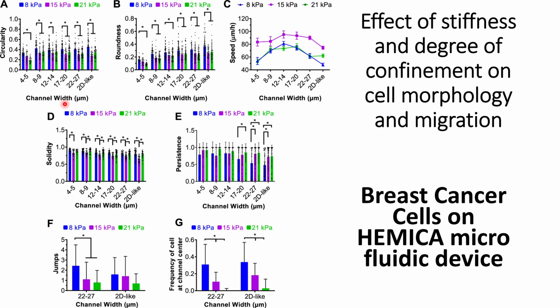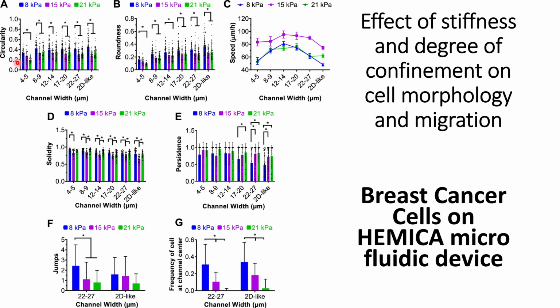So let us start with the circularity measurement, that is, whether the morphology of the cells remains circular or it changes. They have measured it at different channel widths and also with different stiffness. They have used three kinds of stiffness for all the experiments mentioned in this figure: 8 kilopascal, 15 kilopascal and 21 kilopascal.